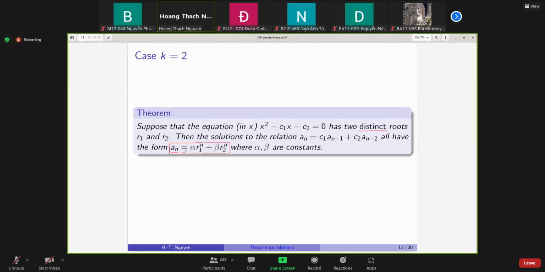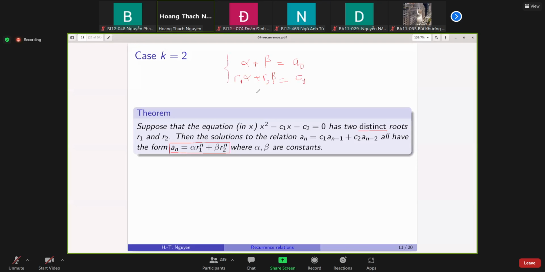So if you start your sequence with 0, then you will have alpha plus beta equal to A0 and R1 alpha plus R2 beta equal to A1.